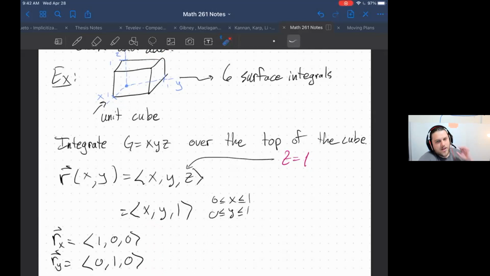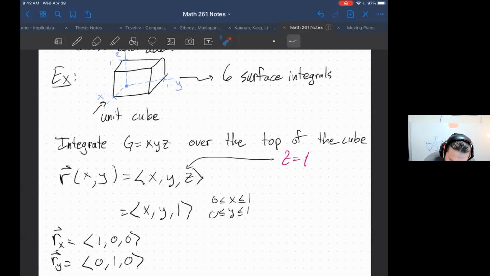What we're parameterizing is this top of the XY plane, and we have our little cutout square here. The partial derivatives of this parameterization are really just some kind of slope vectors, right?